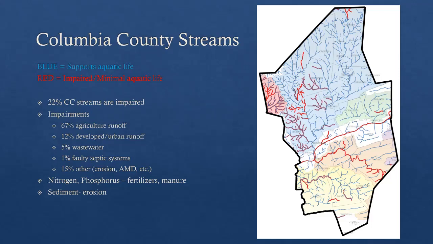There are also some natural sources that exist naturally in the soil. However, sometimes we overuse fertilizers. So that's a large source of some of these impairments, as well as erosion and sedimentation from stream banks, and the instabilities and adjustments of the stream, which we will talk about in this webinar.